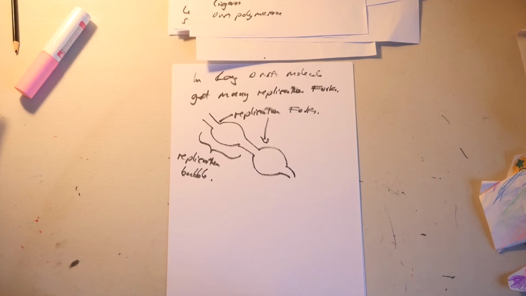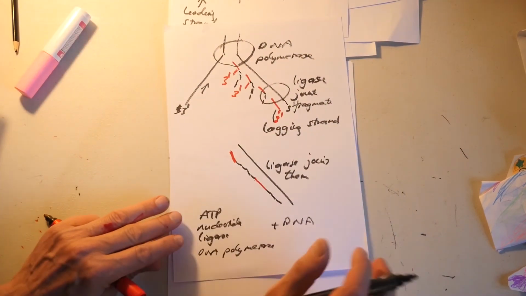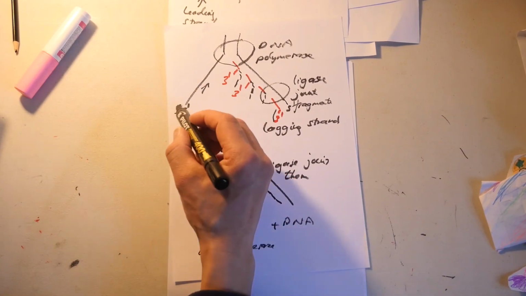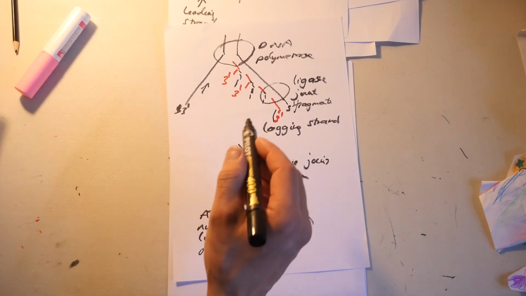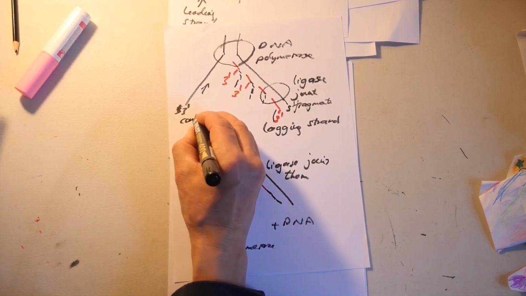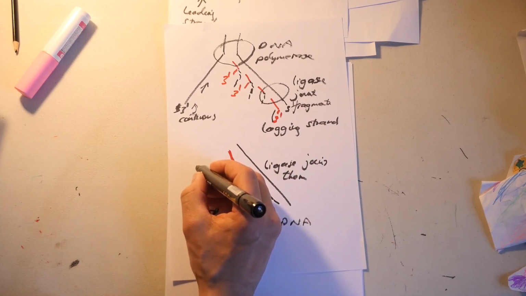So yeah, when it's the leading strand, it's continuous replication. So that's continuous on the leading strand, but the lagging strand is discontinuous, okay?